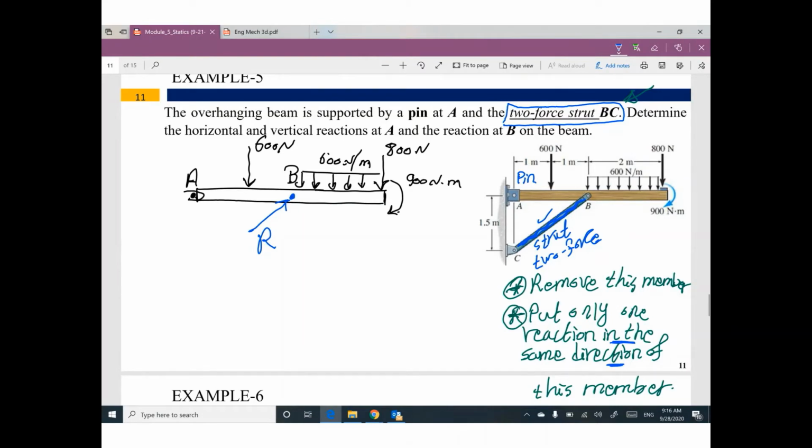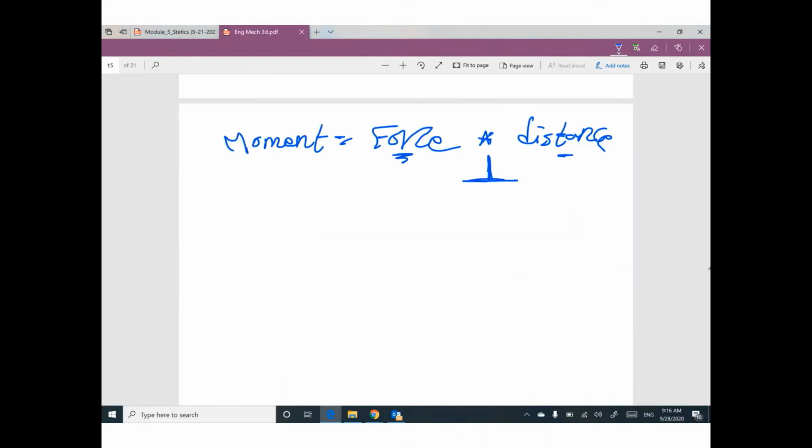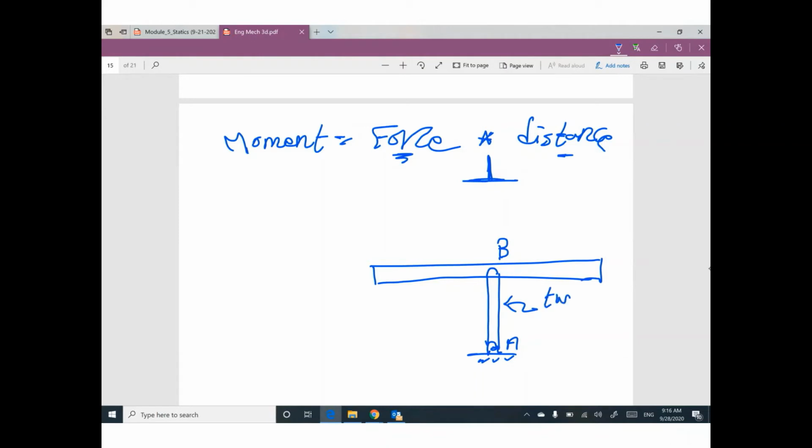This point is very important. If you have a beam looks like this, and your member, like this member AB for example, is a two-force strut member, go ahead and remove this member. Here is the beam. So at point B, I removed this member, and I'm going to put only one reaction.